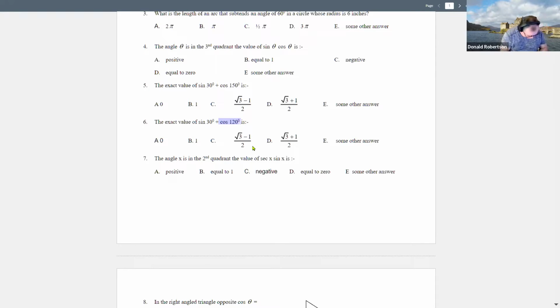And I'm adding the cosine of 120, and the cosine of 120 is -1/2. So you put that together, you get square root of 3 take away 1/2. And the square root of 3 take away 1/2 happens to be question C. So you would just write down C. Are you comfortable with that?